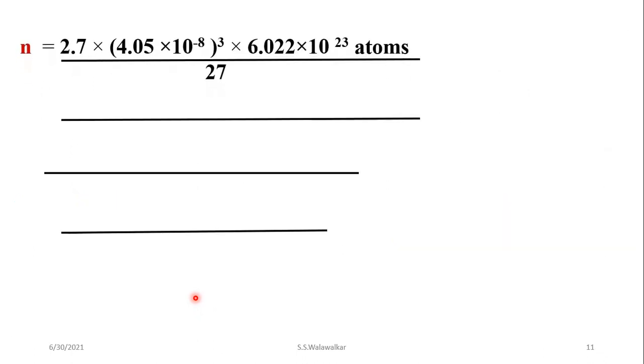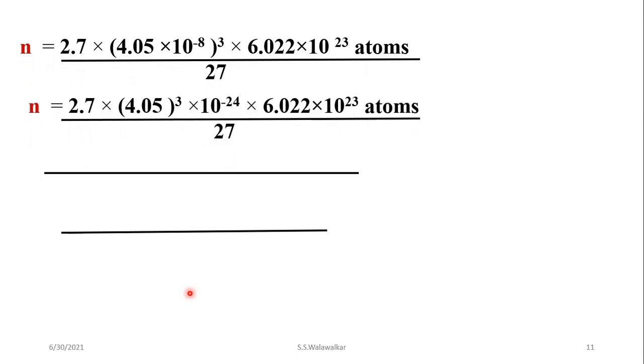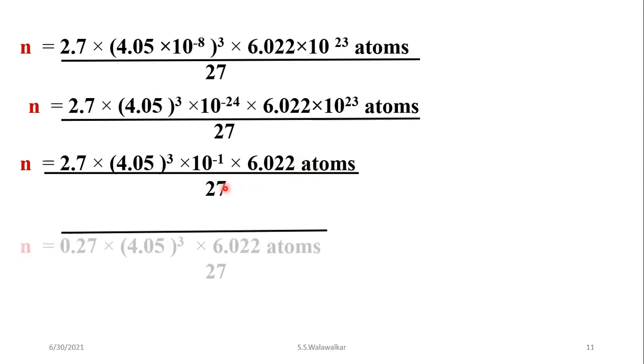Here 10 raised to minus 8 into 3, that is minus 24. So 2.7 into 4.05 raised to 3 into 10 raised to minus 24 into 6.022 into 10 raised to 23 atoms divided by 27. So 10 raised to minus 24 into 10 raised to 23 is equal to 10 raised to minus 1. So 2.7 into 4.05 raised to 3 into 10 raised to minus 1 into 6.022 atoms divided by 27.